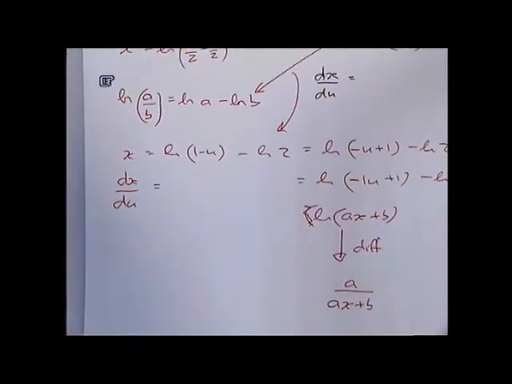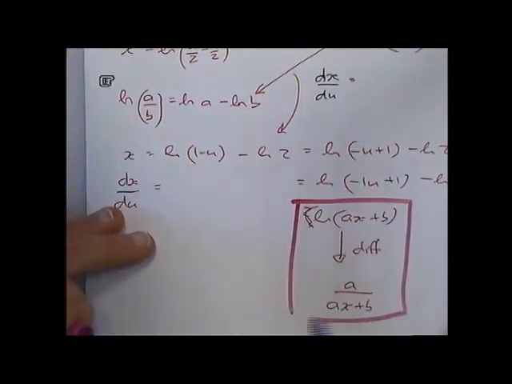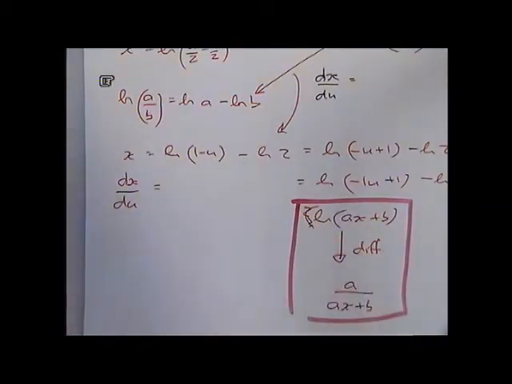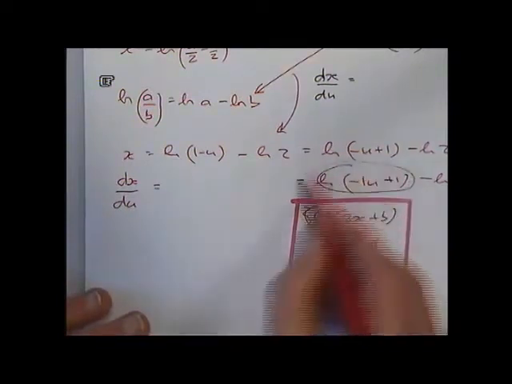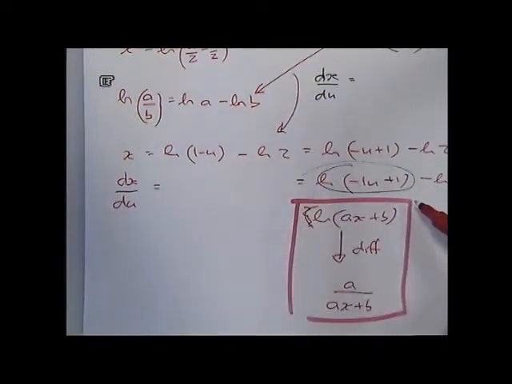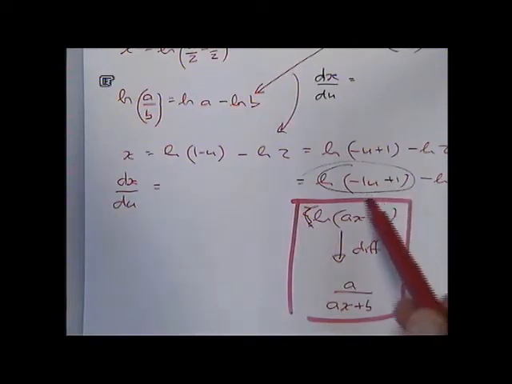Okay. So that in there is what you get if you differentiate log of the bracket. So if I'm comparing that with this bit here, because I know the log of 2 is going to disappear when I differentiate it, what will I get when I differentiate that using this?